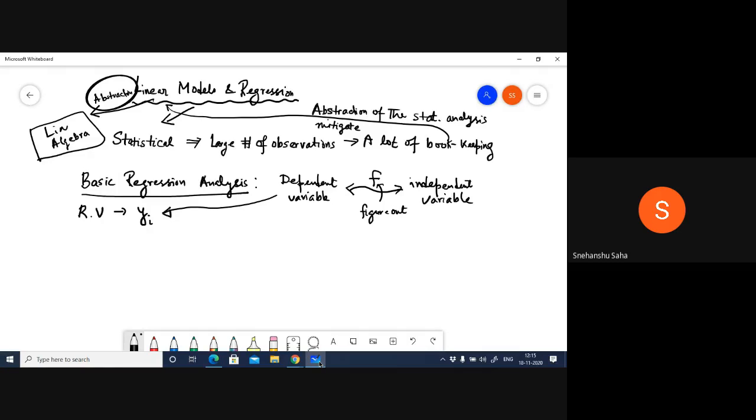This depends on a bunch of independent variables. Let's think of a situation where we have more than one independent variable, so let's say I have k independent variables, x1 through xk.